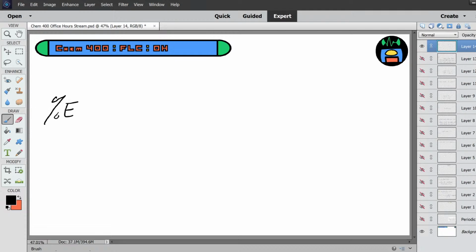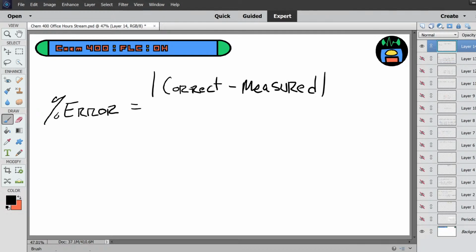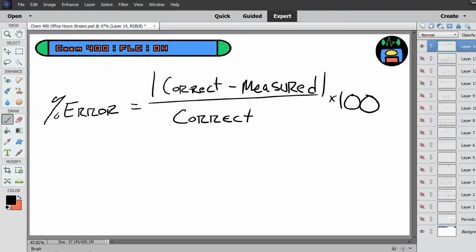So percent error is always the absolute value of the correct minus the measured, over the correct, times 100. And that last part is what makes it a percentage.